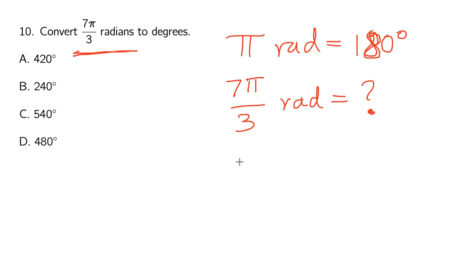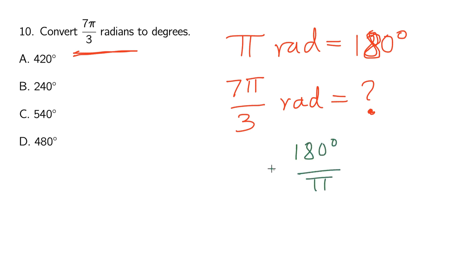And we can do some simple proportions to see what that should give us. Well, you can first think of what 1 radian is. So 1 radian is going to be how many degrees? It's going to be 180 degrees over pi.